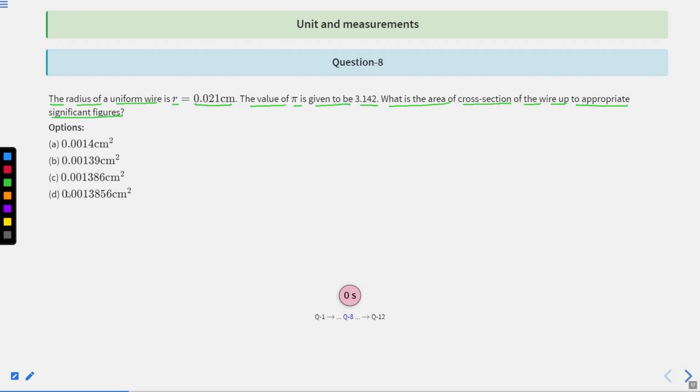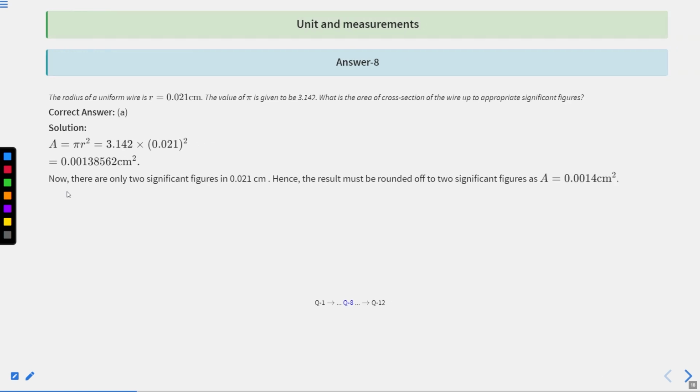Next, find a solution. Area is pi r square, and the r is 0.021 centimeter. After putting the pi, which is given as 3.142, and the value of r, it becomes this after calculating.